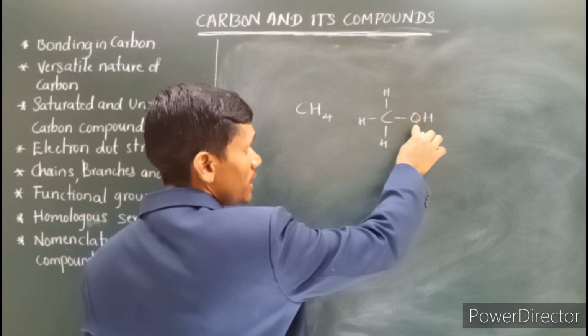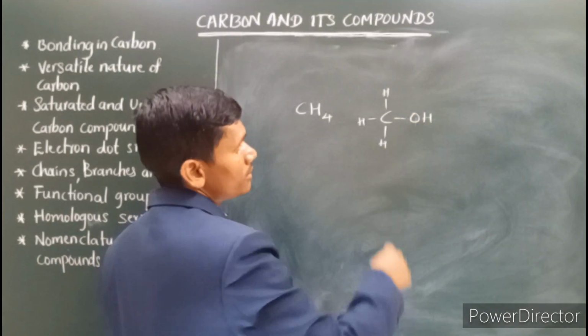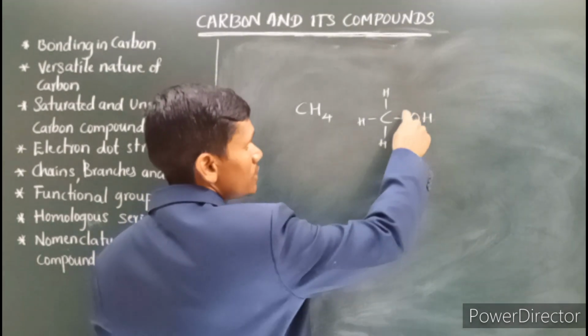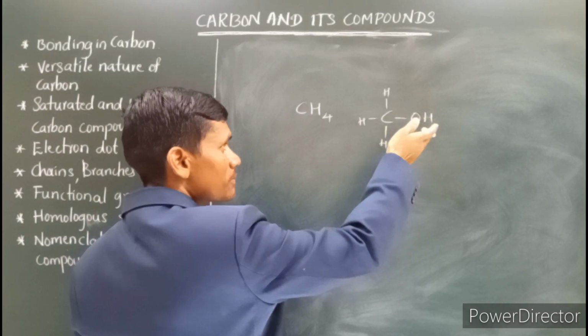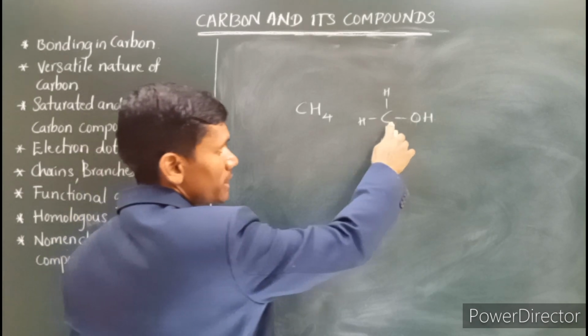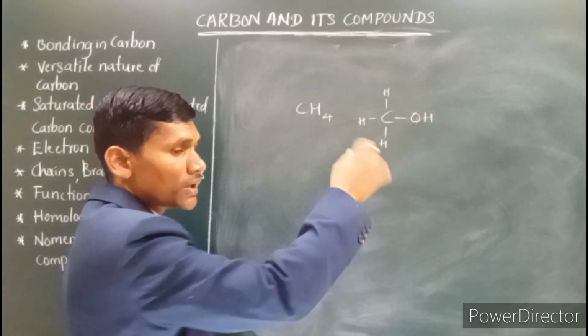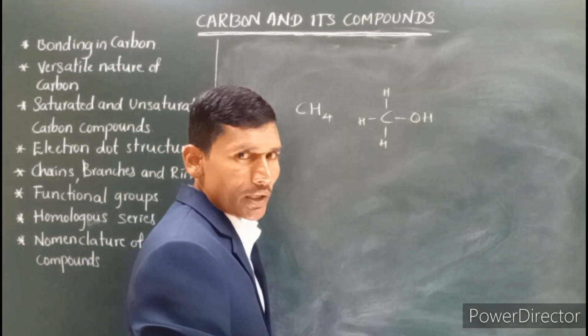This heteroatom, whether it is a group of atoms or a single element, is called a functional group. This functional group is providing a special property to that compound. Now this is called methanol. This is giving alcoholic property to that carbon compound.